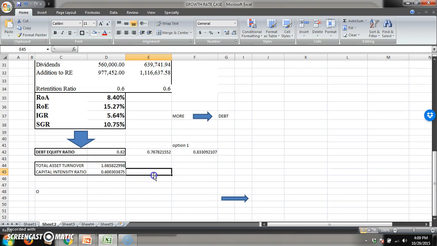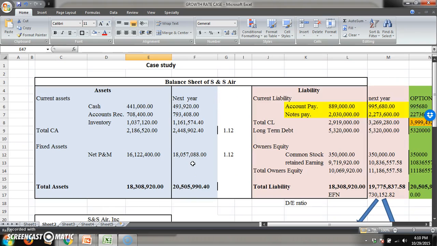If this ratio had been, say, 3, it could have been a very highly capital intensive business, because you need to spend $3 to generate $1 in sales.